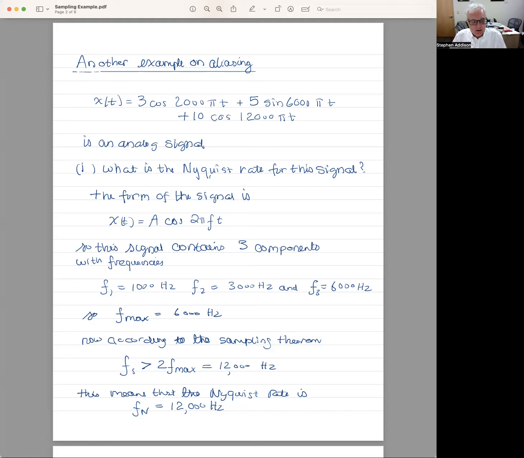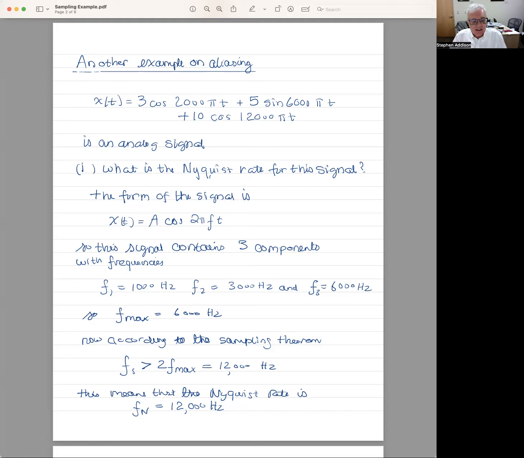So we can immediately determine that there are three frequency components in the signal: 1000 hertz, 3000 hertz, and 6000 hertz. That means the maximum frequency contained in the signal is 6000 hertz.